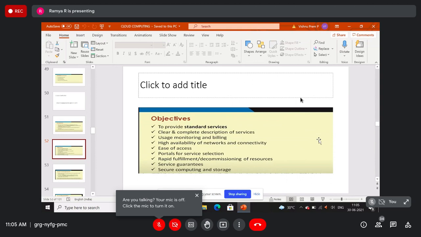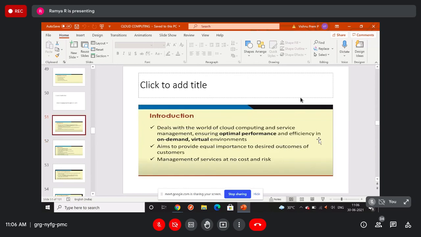So if you see here, the objectives of this are: to provide standard services, clear and complete description of services, usage monitoring and billing, high availability of networks and connectivity, ease of access, portals for service selection, rapid fulfillment, service guarantees, and service computing. So these are the objectives behind service management and security.